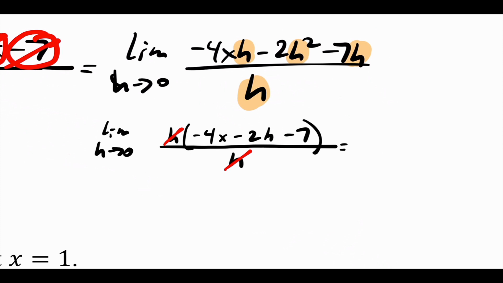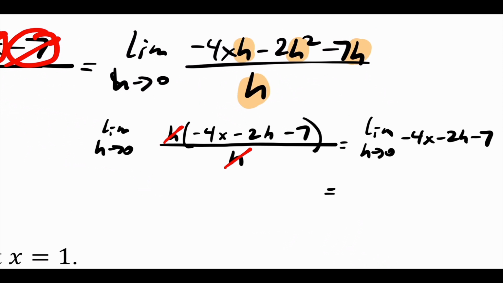So now I have the limit as h approaches 0 for negative 4x minus 2h minus 7. Now when I plug in 0, I get negative 4x minus 2 times 0 minus 7.